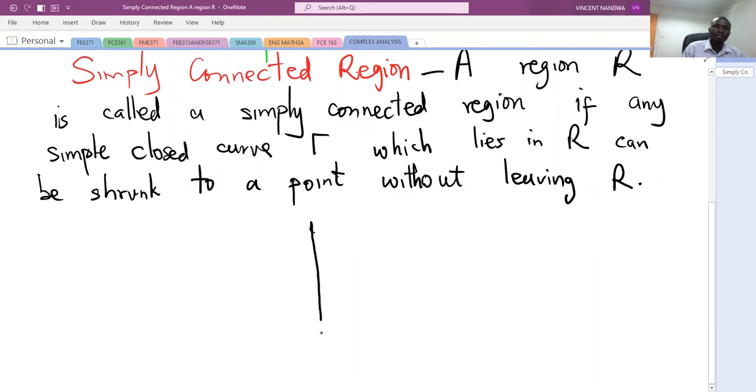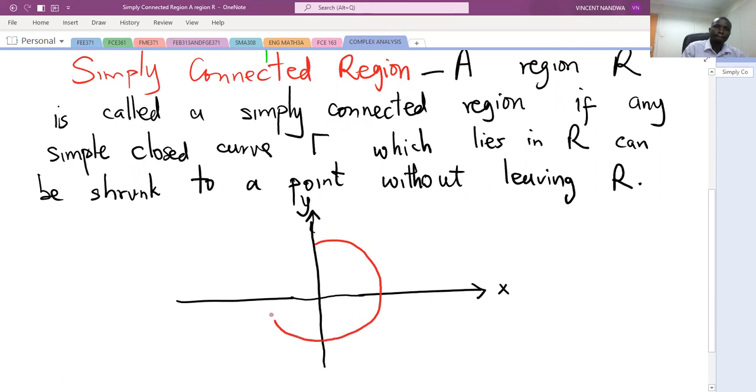If we have this as our X, and this is our Y-axis, and then we draw a circle of radius 2 units. So this is a circle of radius 2 units centered at the origin.